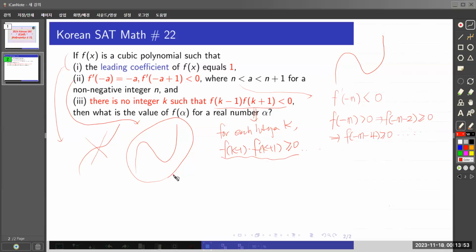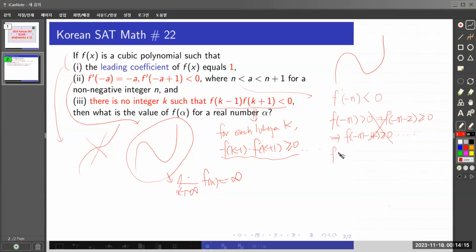So you can keep going like this. But look at the picture of the graph. As x approaches negative infinity, f(x) goes to negative infinity, which means that for certain values of x, f(x) is always negative. So this cannot happen.